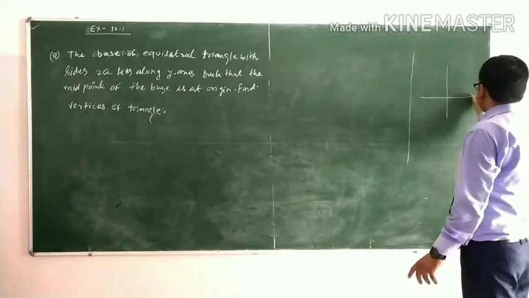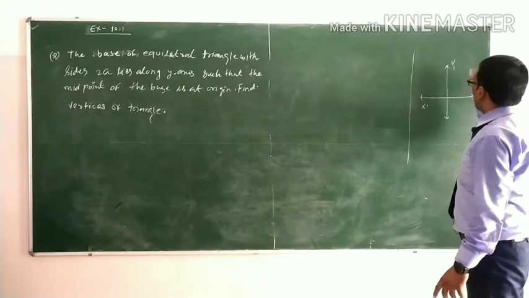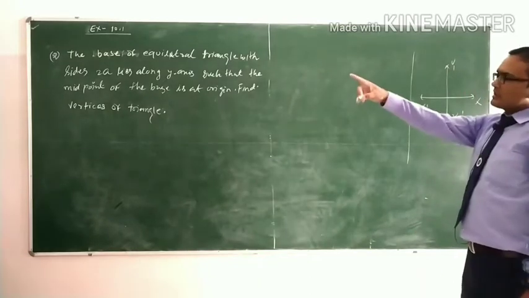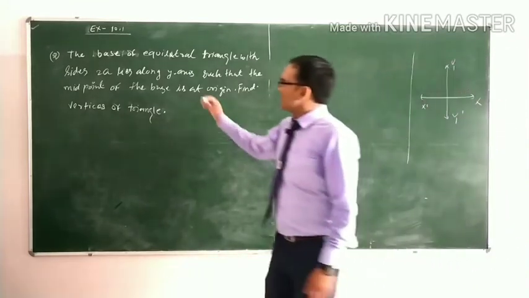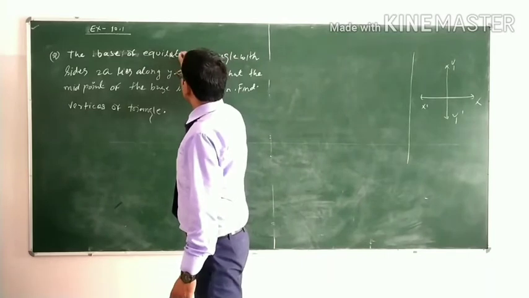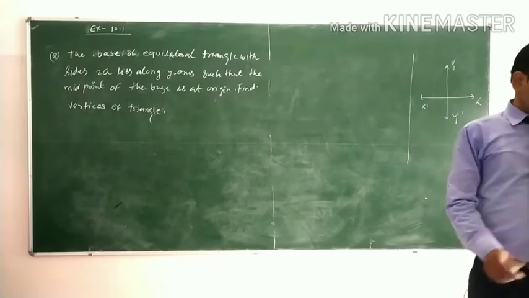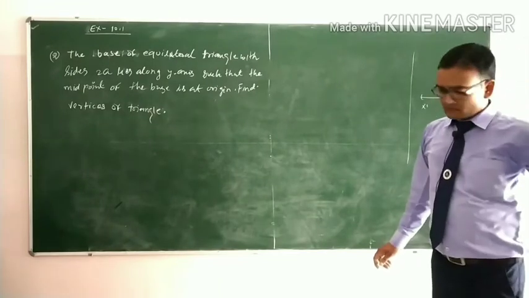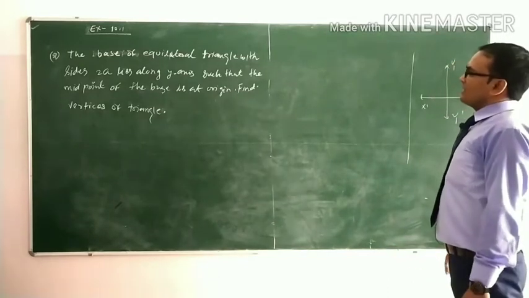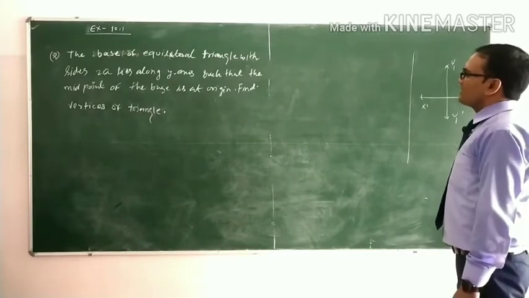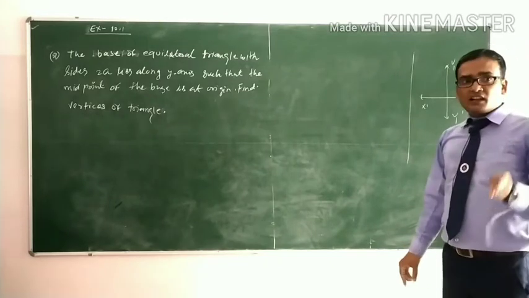This is a Cartesian plane, X dash, Y dash. The base of equilateral triangle with side 2a lies along y-axis, that means the side lies along y-axis.